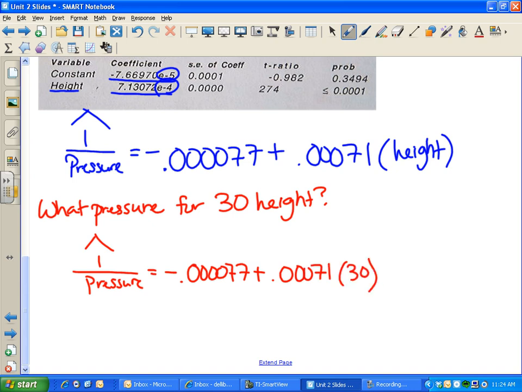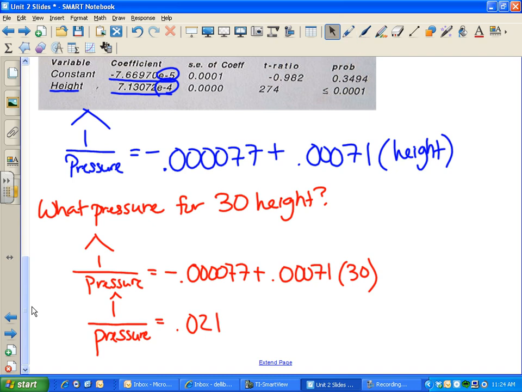All right, so if I plug that in my calculator, I get that I think, or I predict, that 1 over the pressure, keep that hat there, is 0.021. Again, I'm rounding that just a little bit.